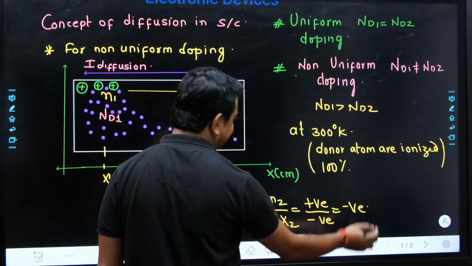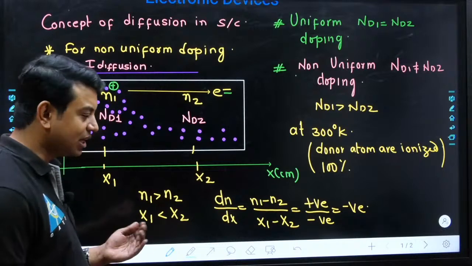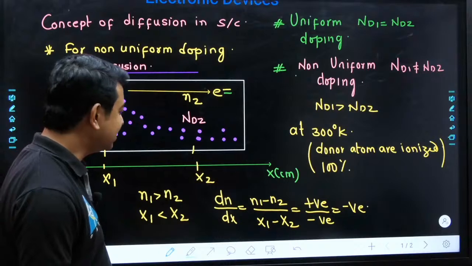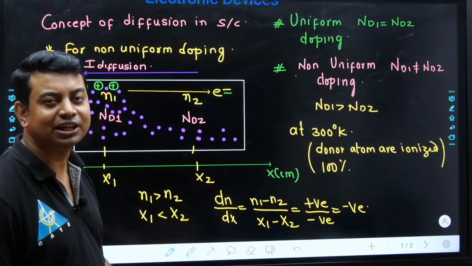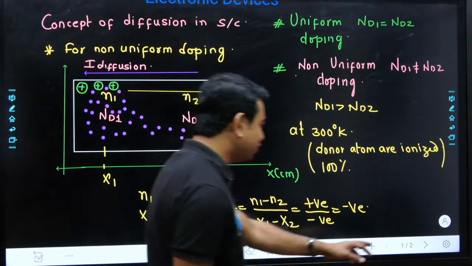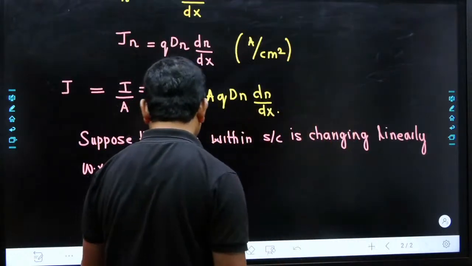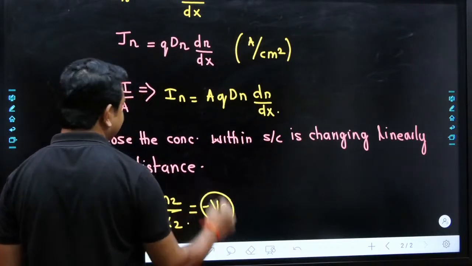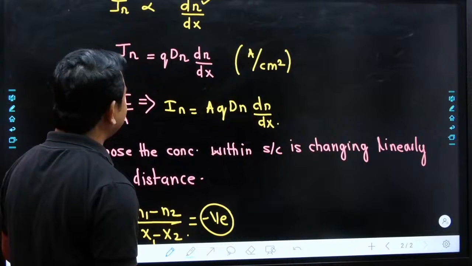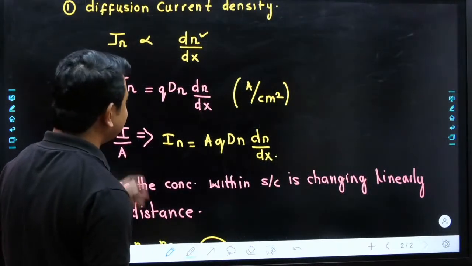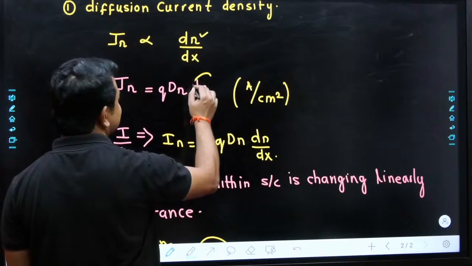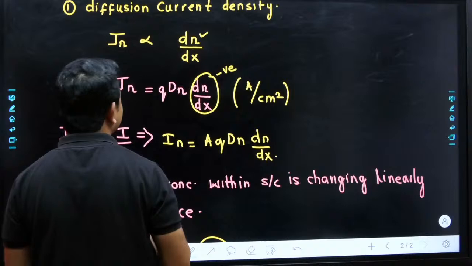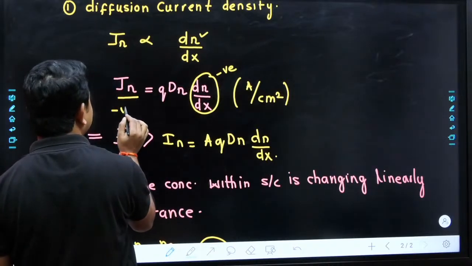Overall, this becomes negative. So the concentration gradient has a negative value. If we write the concentration gradient in this equation in a negative way, it gives a negative value, and then the current density, which consists of this expression, also has a negative value.